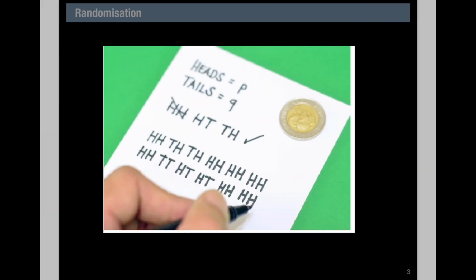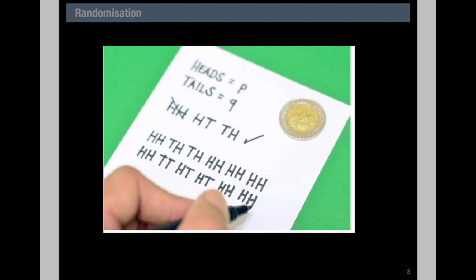Okay, so let's start. The focus of today is randomization. Randomization is pivotal in randomized distributed algorithms and in ordinary randomized algorithms. And the idea is that we flip a coin, like depicted in the picture.